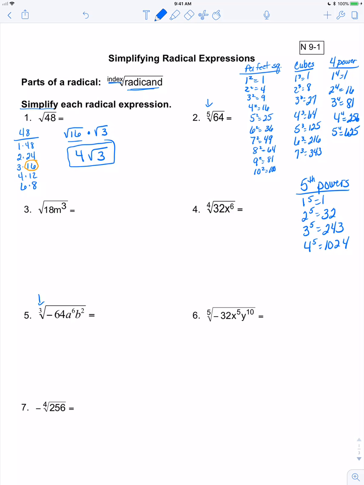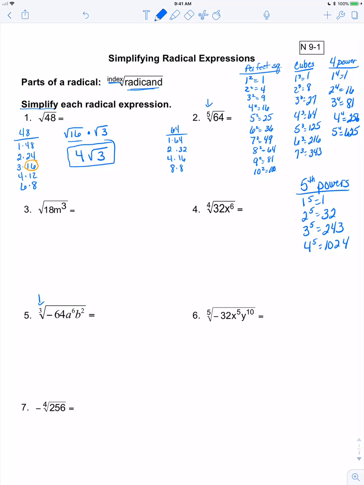All right, so now the 5th root of 64. So we've got to come over here and look at our 5th root columns. And let's write all the factors of 64 and see if there's anything in there that's under that 5th root power. So we've got 1 times 64, 2 times 32. Oh, 3 doesn't go into it. How about 4 times 16? And then 8 times 8.